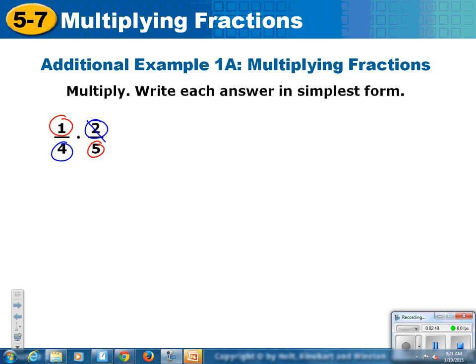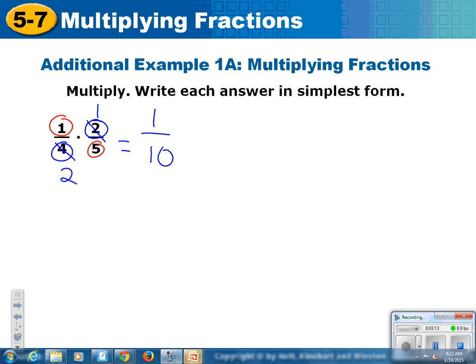What is 2 divided by 2? 1. What is 4 divided by 2? 2. So we change those. We divide those numbers by the greatest common factor, and we end up with 1/10, because 1 times 1 is 1, 2 times 5 is 10. We've already reduced.